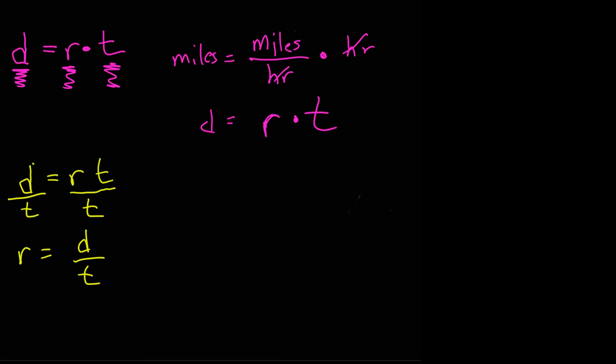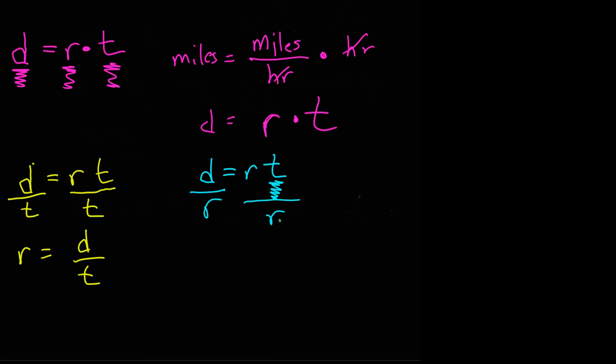Well, then the last way we can look at it is, I want to solve for the time. Well, the thing in the way here is my rate. So I'm going to divide this by the rate, but whatever I do to one side, I do to the other.